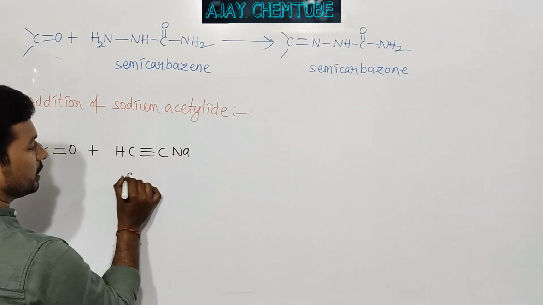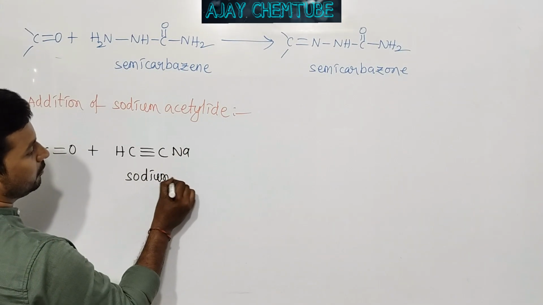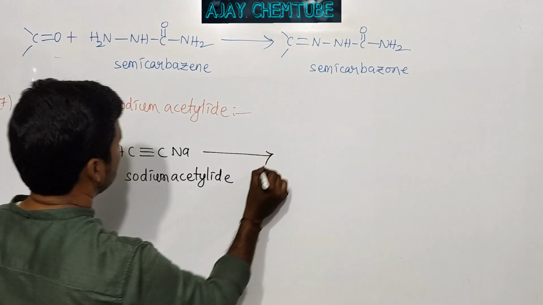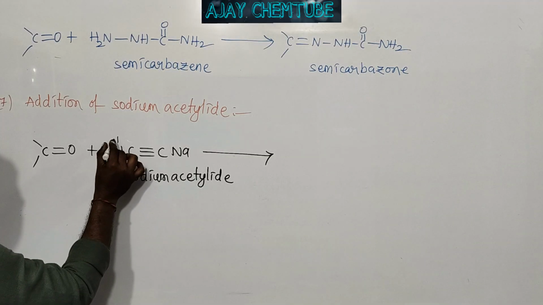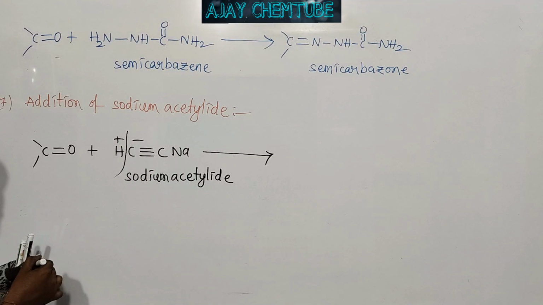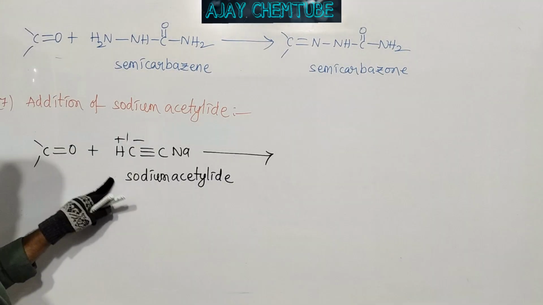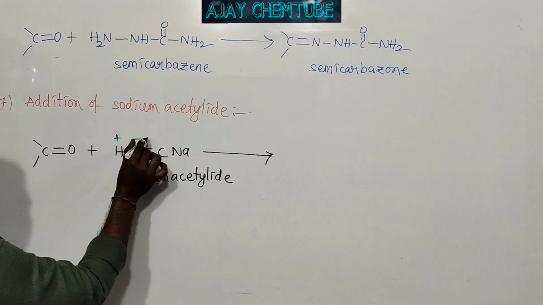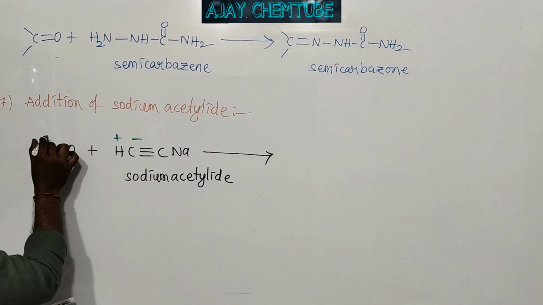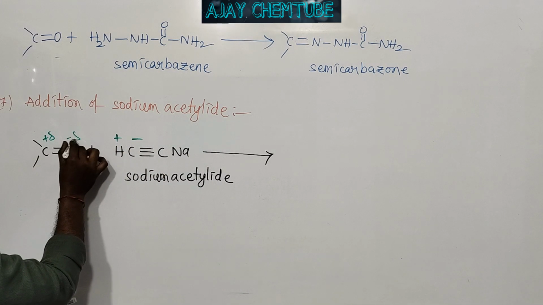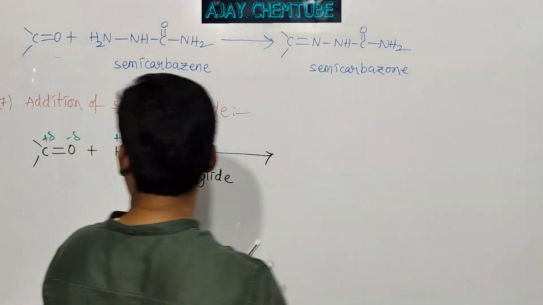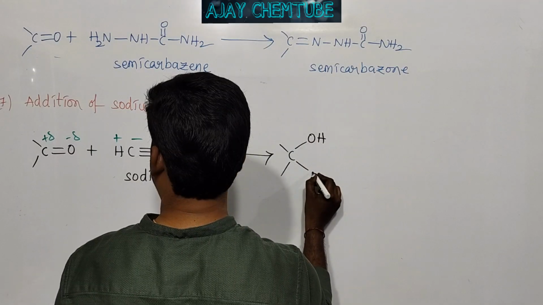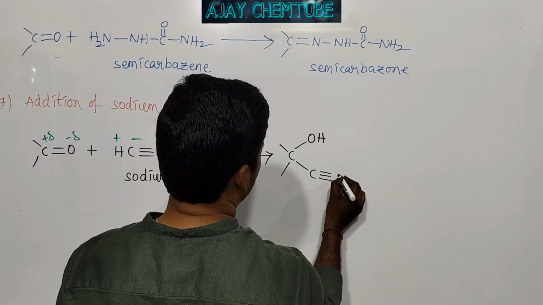If sodium comes, that is called sodium acetylide. Now here this is plus, this is minus. Add the minus to this positive carbon and H plus to this negative oxygen, you will get the product. Here O minus, H is added. Here C triple bond C Na.